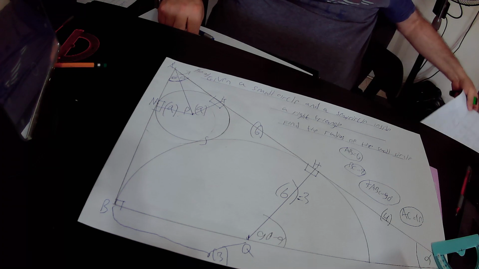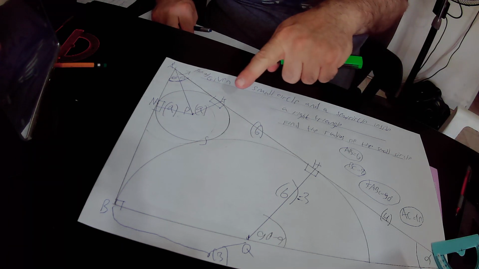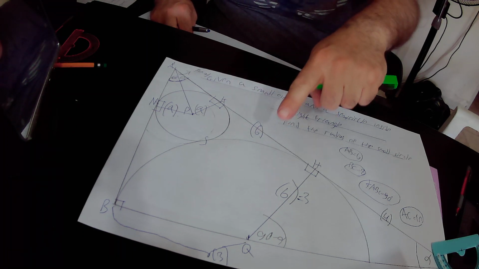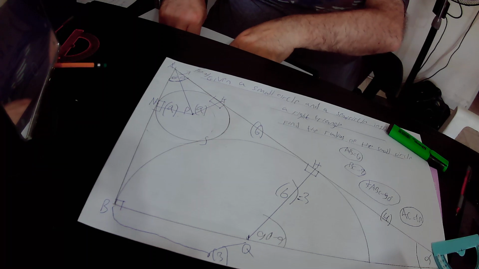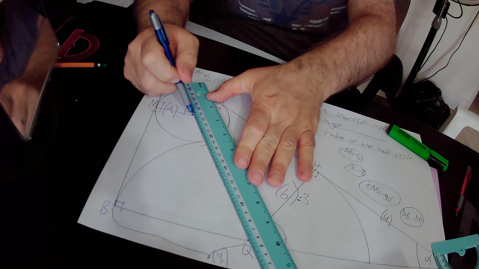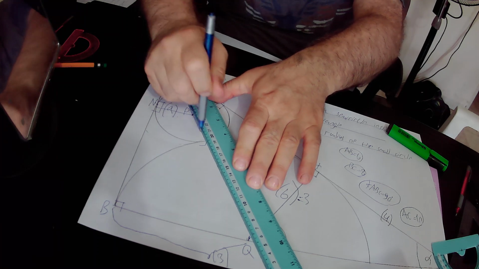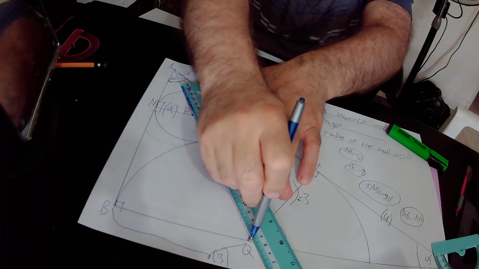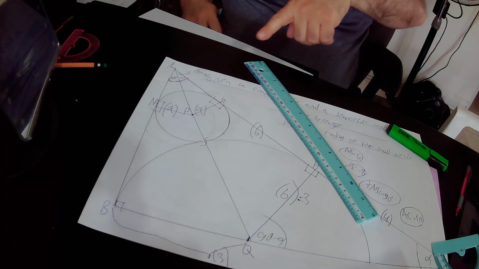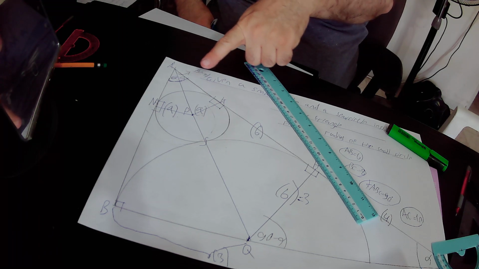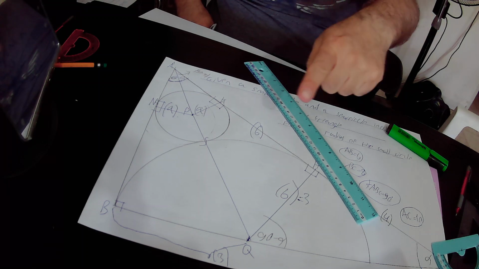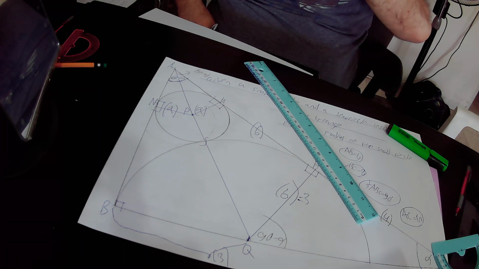So I will draw the angle bisector of this angle A, and according to rule 15, the angle bisector of this angle A must pass through point Q. So you can see that the angle bisector of angle A passes through point Q, that is the center of this semicircle, exactly according to rule 15.